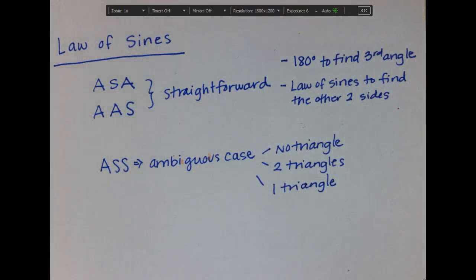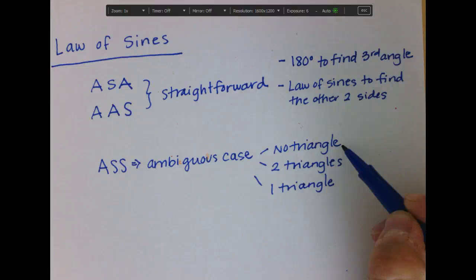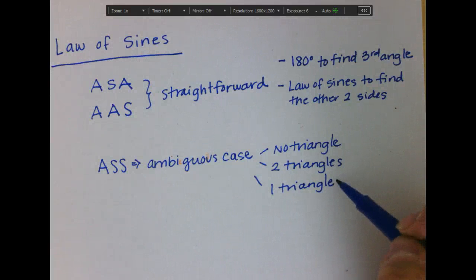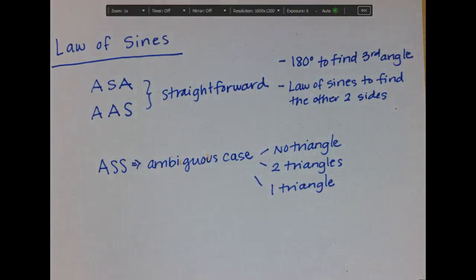We'll know that we have no triangle if we go to solve for one of the angles and we get an error in the domain. That means that triangle doesn't exist. In another scenario, we might have two triangles or one triangle. If we're able to solve for that first angle, we need to check the second angle to see if it forms a triangle or not. If you come up with two triangles, then both answers will have to be given. And if you only have one triangle, then you proceed from there. So that is a review of the law of sines.